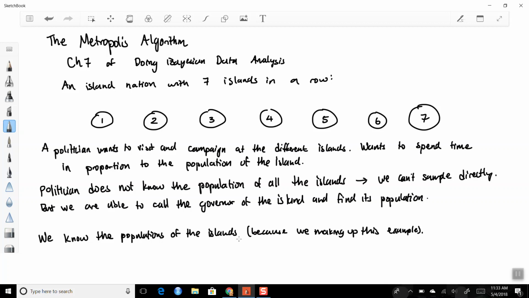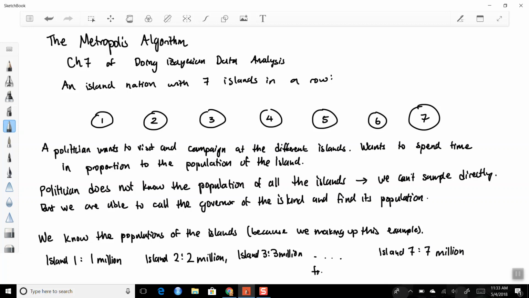All right, so for simplicity, we're going to just say island 1 has 1 million people. Island 2 is 2 million. Island 3 is 3 million, etc., etc., etc., up until island 7 has 7 million.